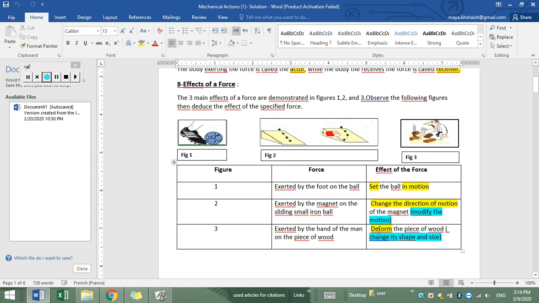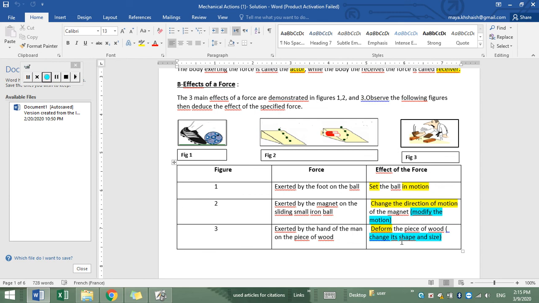It deformed it. So now when we want to study the effect of the force, we have to look at the receiver. The effect of the force, on the receiver of the force, is deforming the piece of wood. It changed its shape. It changed its size. Okay. So here the effect of the force is changing its shape and size.